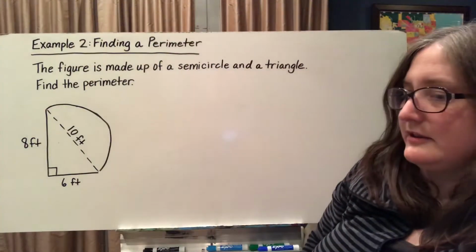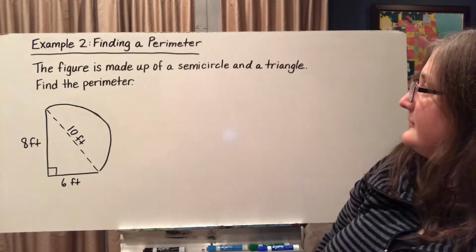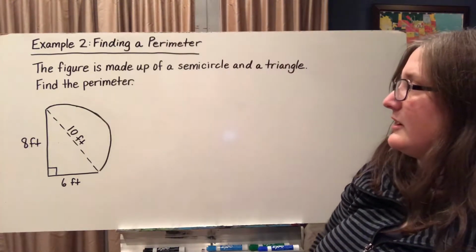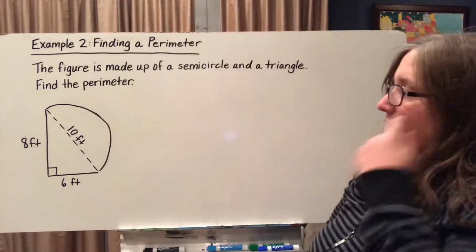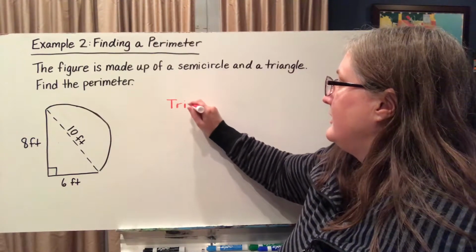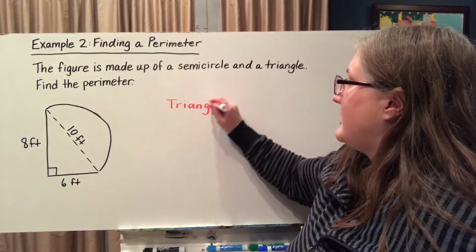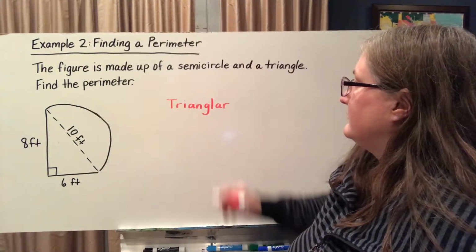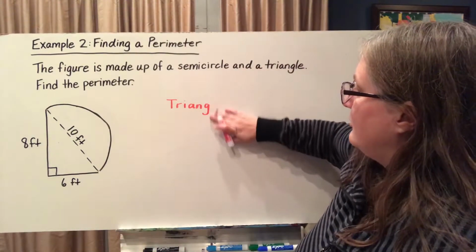Now let's try to find a perimeter for this semicircle and triangular shape. So the first thing I'm going to do is find the perimeter of the triangular portion.